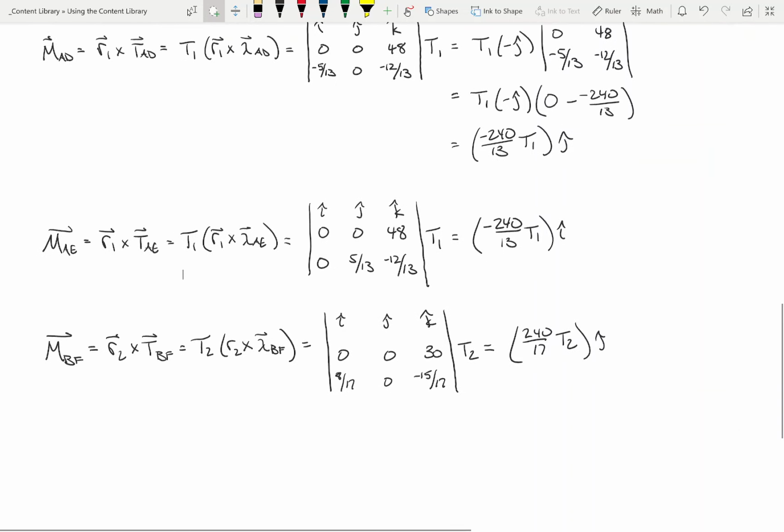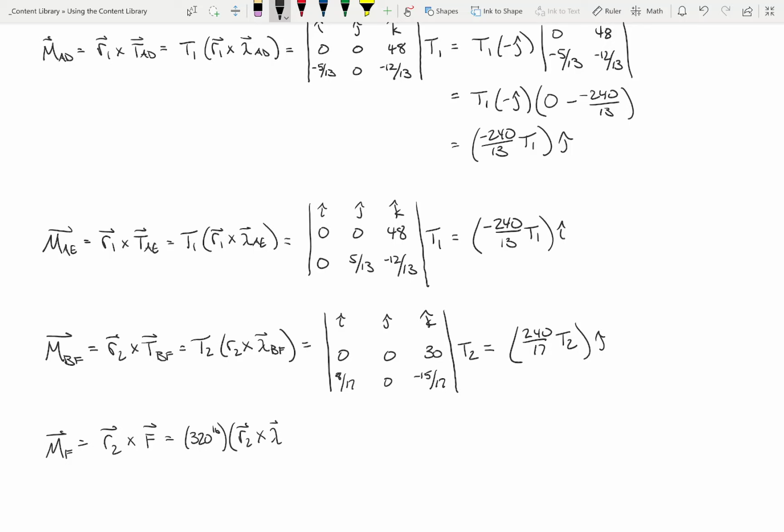Okay. And then lastly, we have the moment due to that force. And just so everybody's aware, if we wanted, we could say 320 pounds times R2 crossed with lambda sub f, if we wanted to do that. Like, we could be consistent, okay?